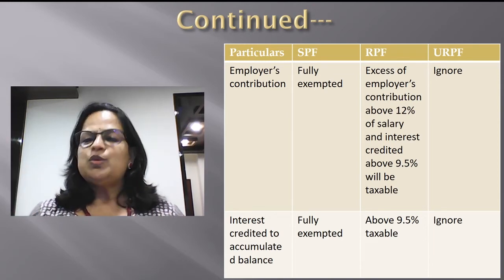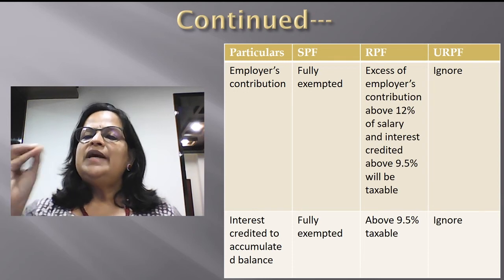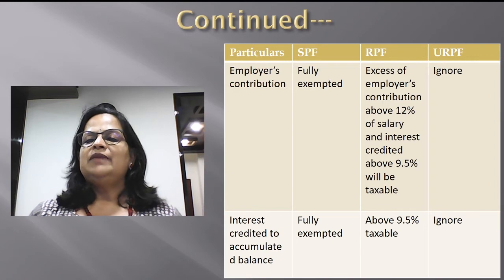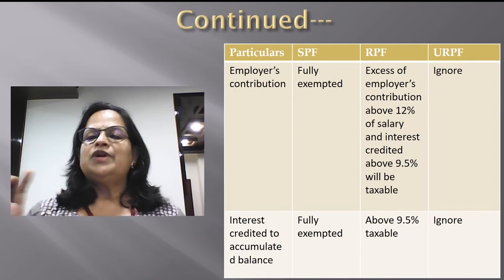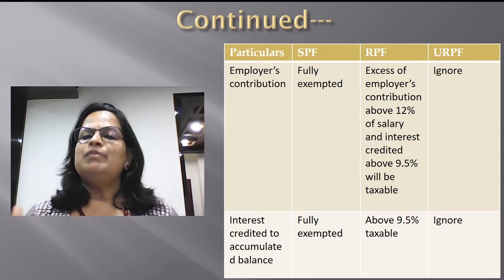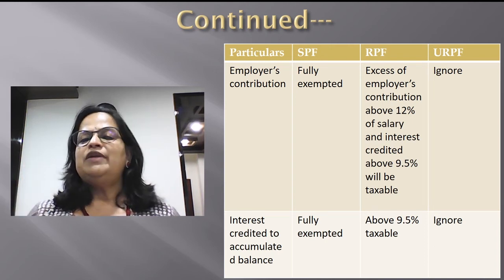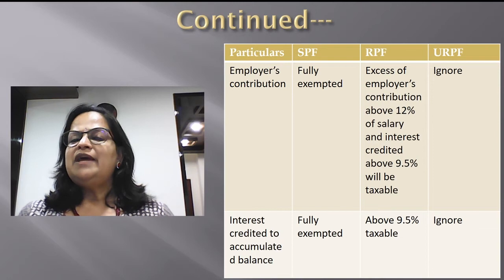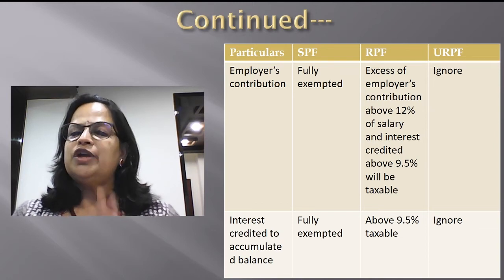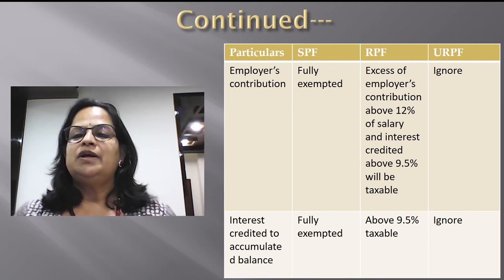Now, recognized provident fund, you have to remember the excess of employer's contribution above 12% of salary. See, this point is very, very important. One or two points I am going to tell you are very, very important. For recognized provident fund, see, in the last example I used that the employer is contributing 14% for statutory provident fund.